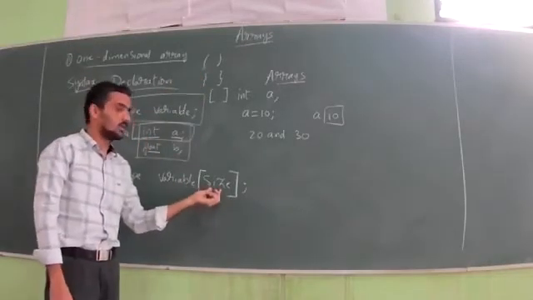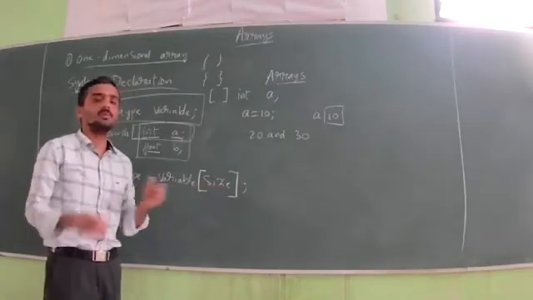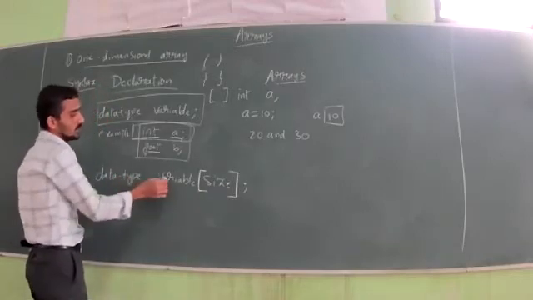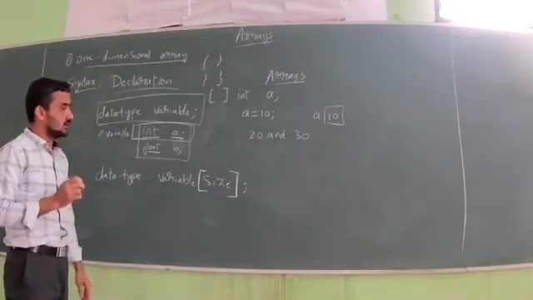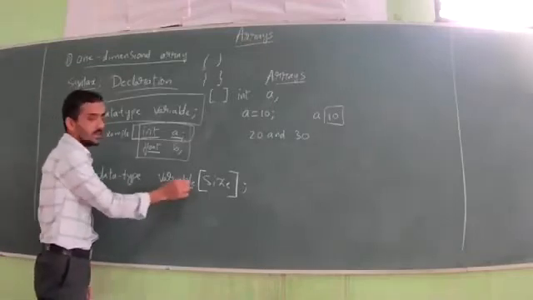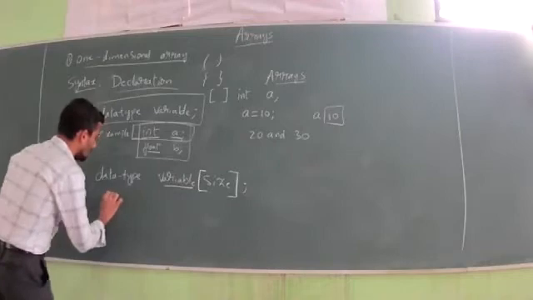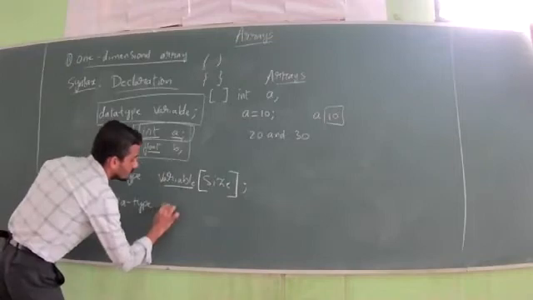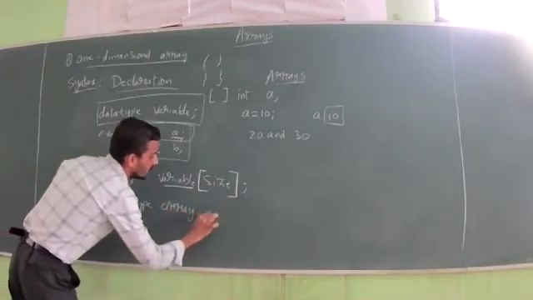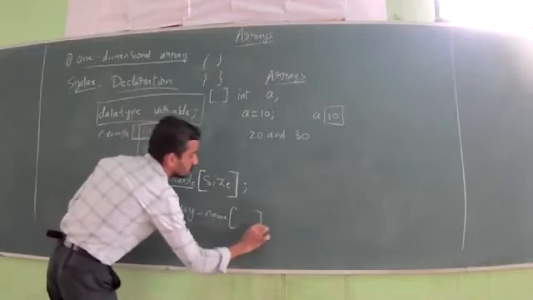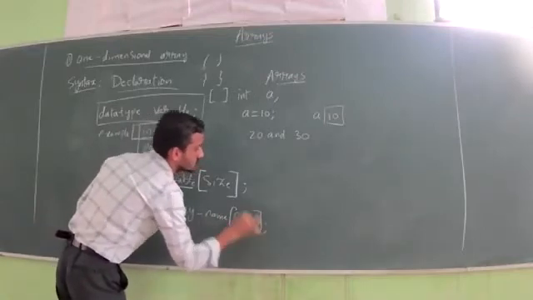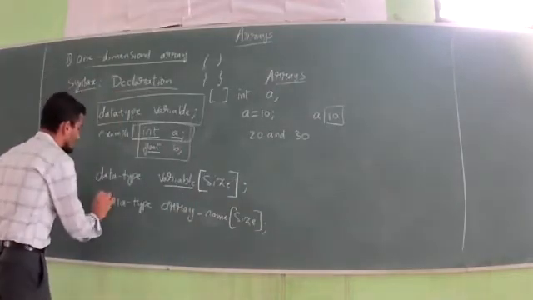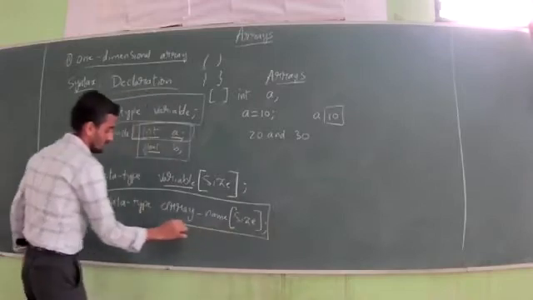In the brackets we give the size, which indicates how many values we are trying to store, because an array is a collection of values. Now a little modification to this syntax: instead of saying variable, you say array name. So data type, array name, of size. This is the syntax of a one-dimensional array.